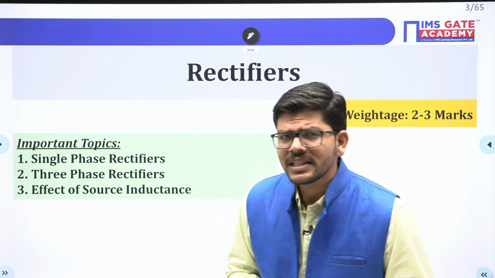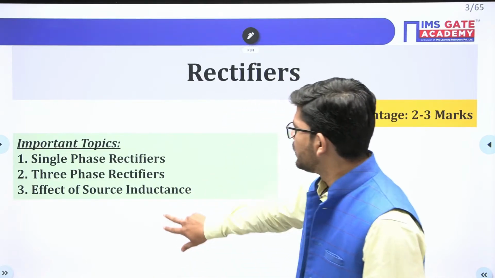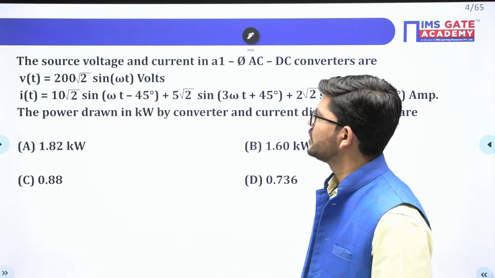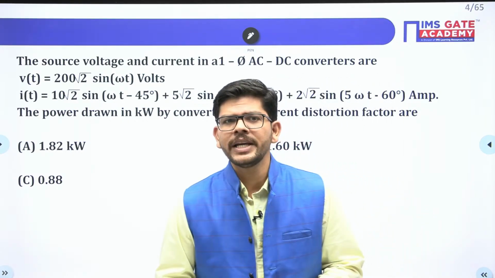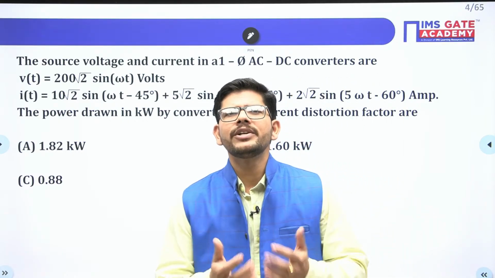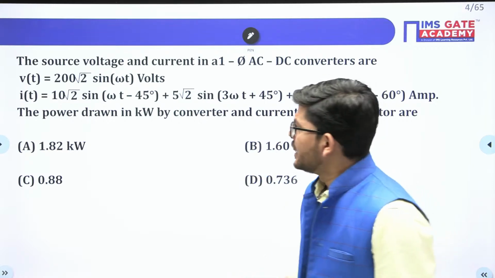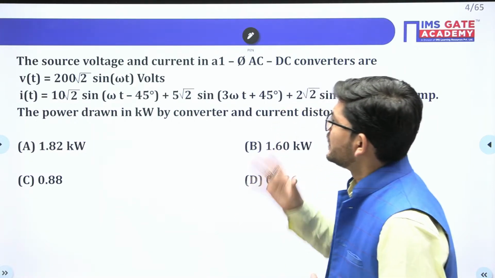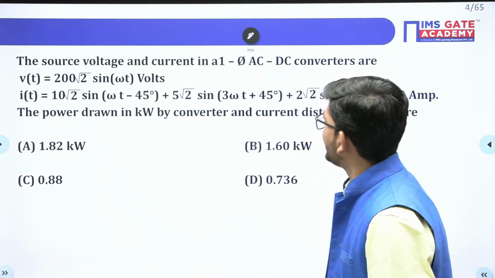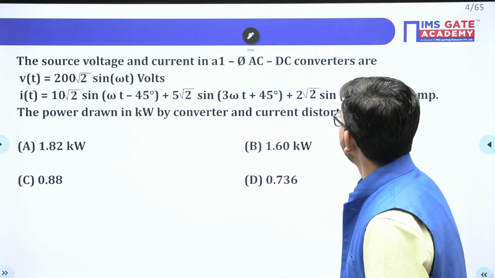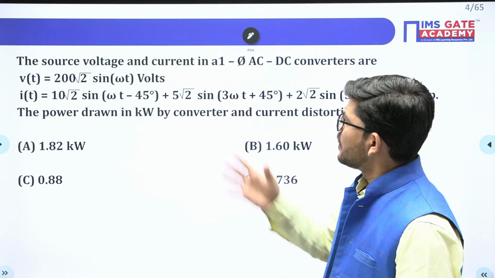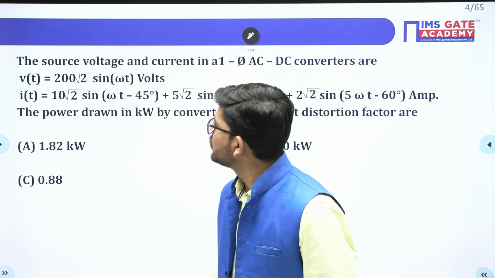So let's get started. Here comes the first question. Just read this question with me and we will try to solve it together. The question says the source voltage and current in a single phase AC to DC converter are Vt equals 200 root 2 sin omega t.